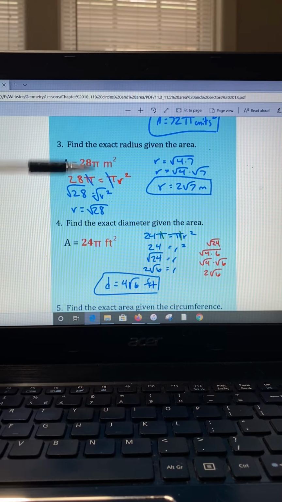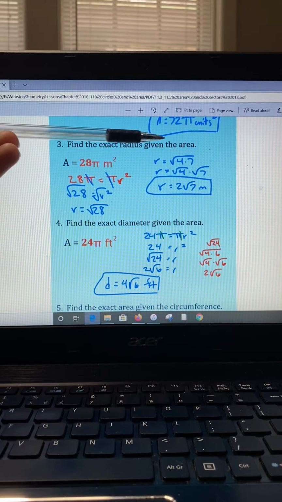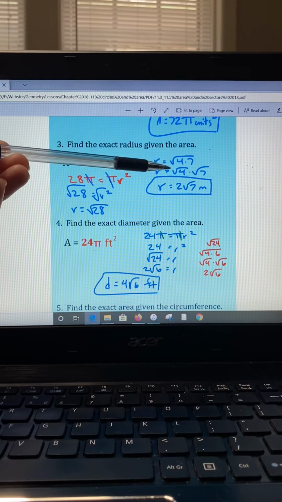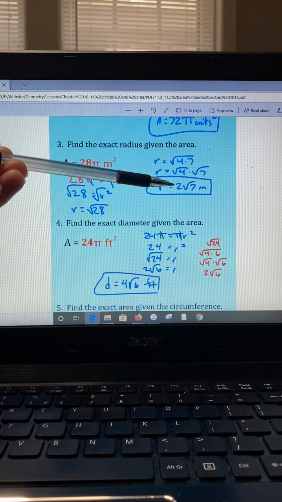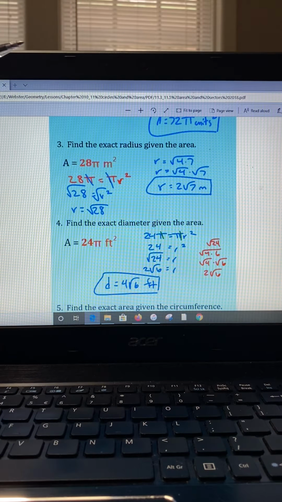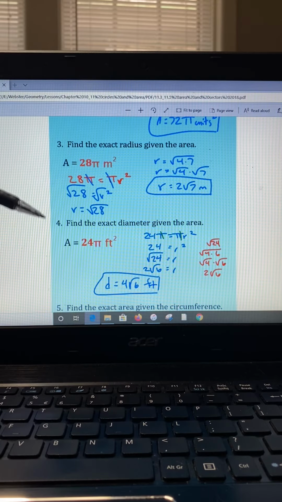Now I said exact, so you need to figure out how to simplify 28. That's that perfect square concept. Turns out that's 4 times 7, which I did over here. So 4 times 7 becomes root 4 times root 7, and the square root of 4 simplifies to 2 root 7 meters as our exact radius. On number 4, I want you to find the diameter given the area.